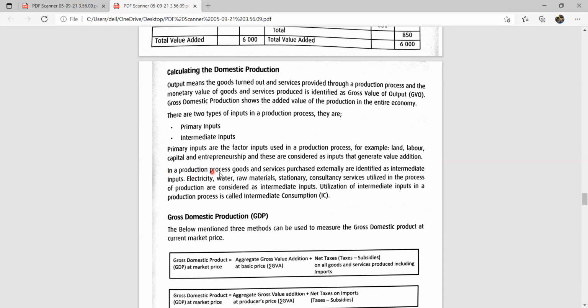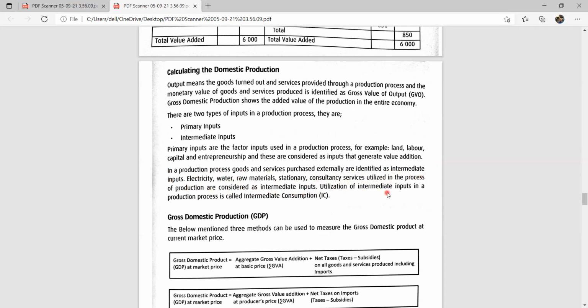Next, in a production process, goods and services purchased externally are identified as intermediate inputs.